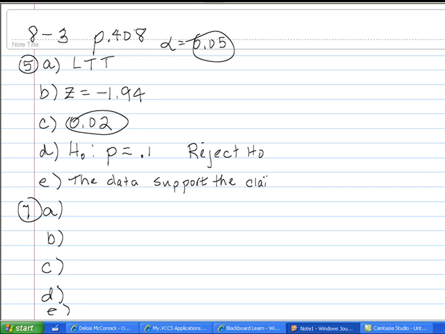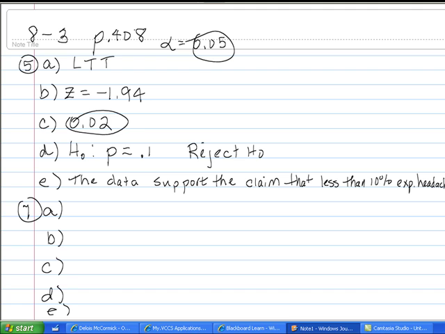The less than part was our claim, that less than 10% experienced headaches. I'm running out of space, so okay, ran off the edge there.